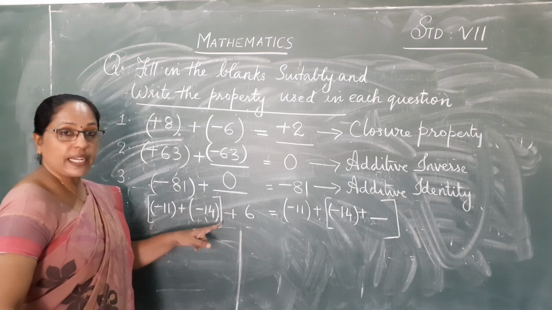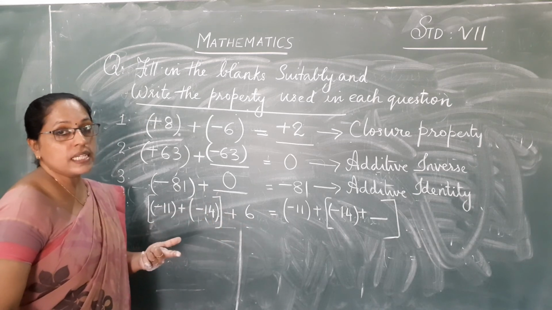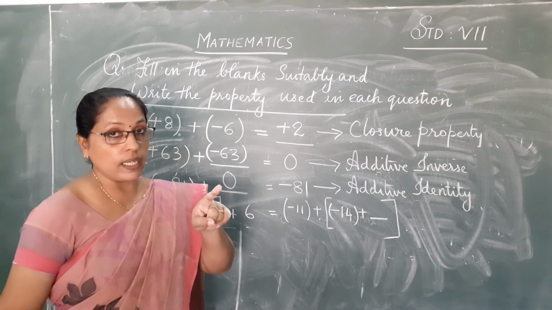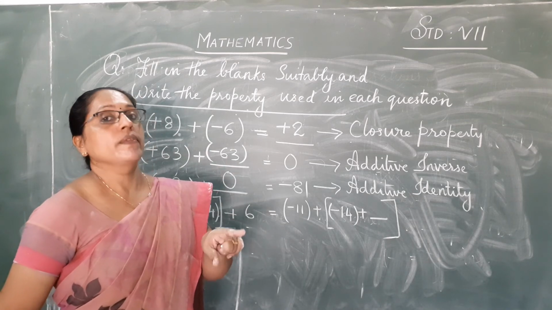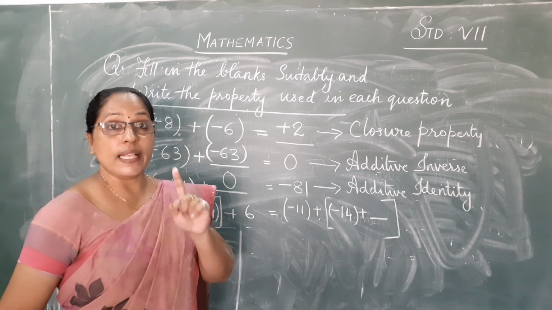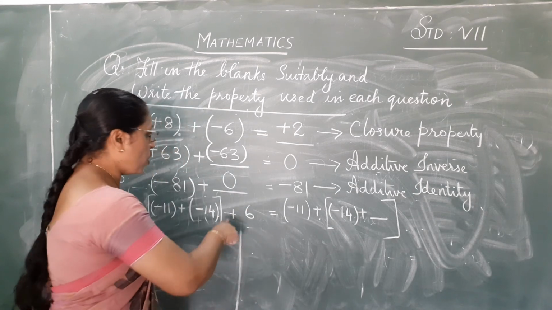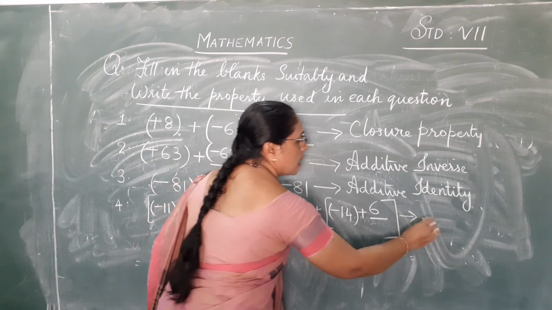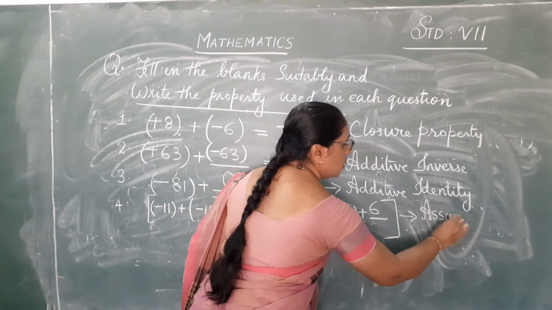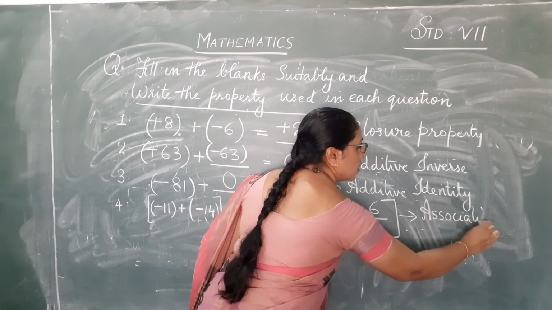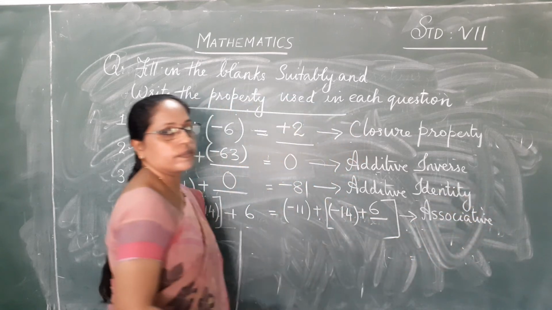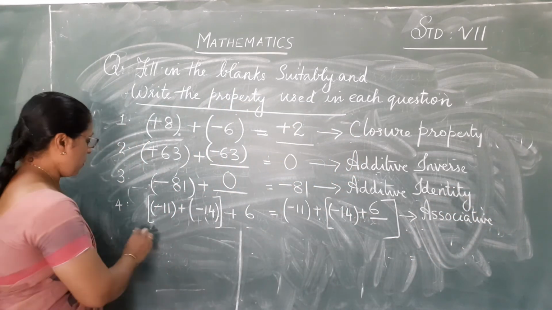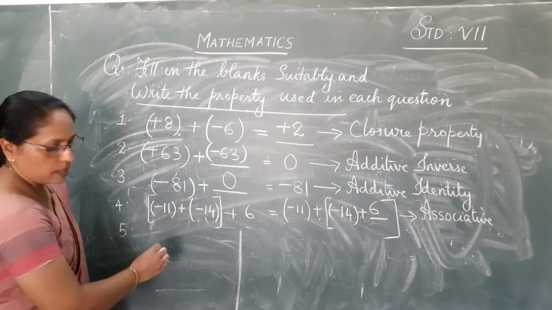This is easy to identify because 3 integers are coming and the property you have is only one. What is that property? Yes, associative property. So what comes here? 6. So this property is associative property.